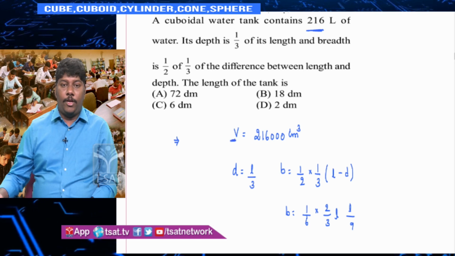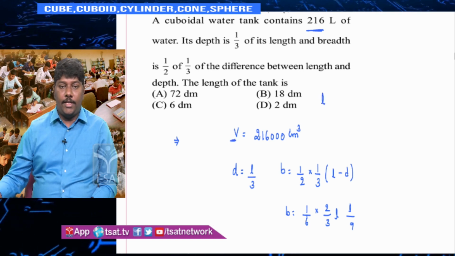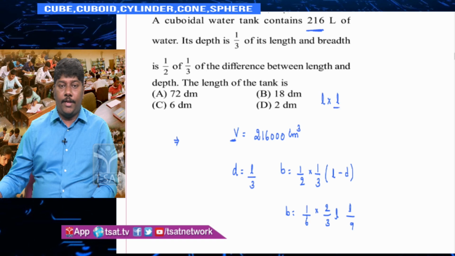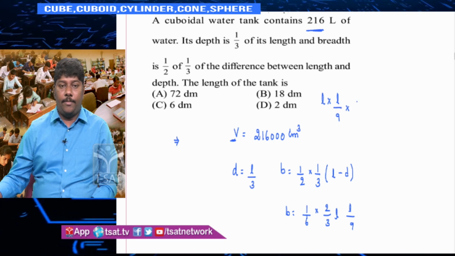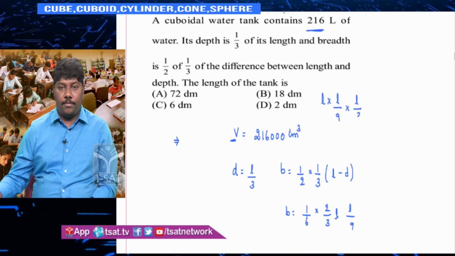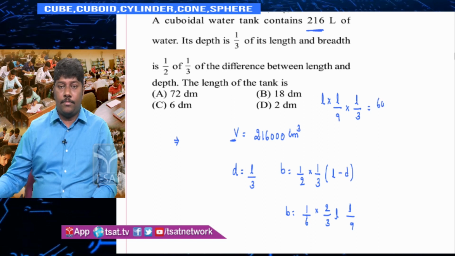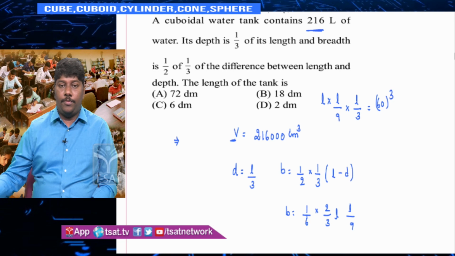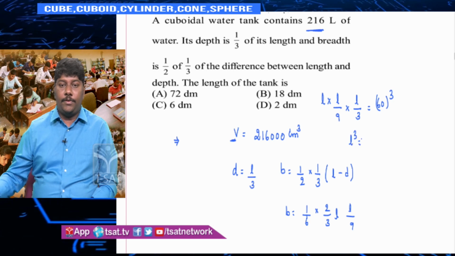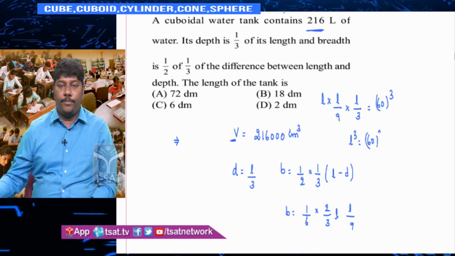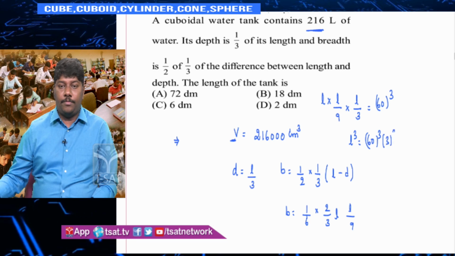Substitute in the volume. Volume is L into B into H. L is L only, B is L by 9, and depth is L by 3. You can write it as 60 cube. L cube is equal to 60 cube into 3 cube.